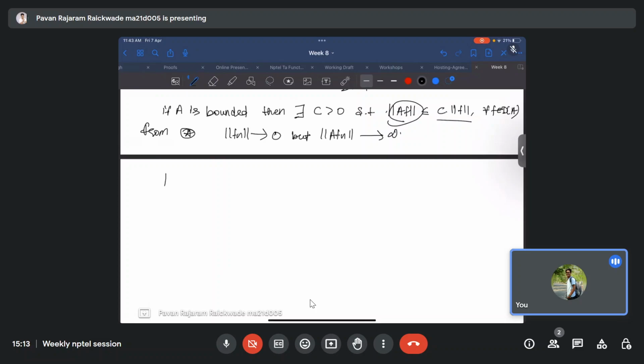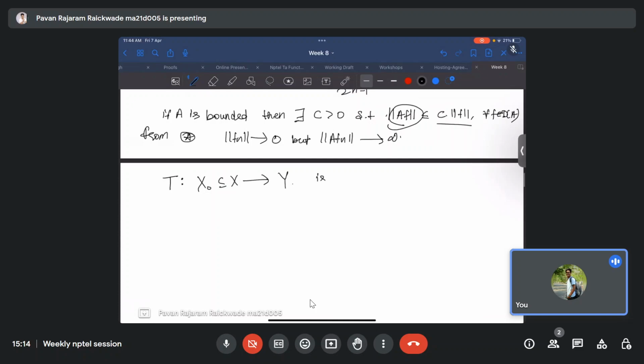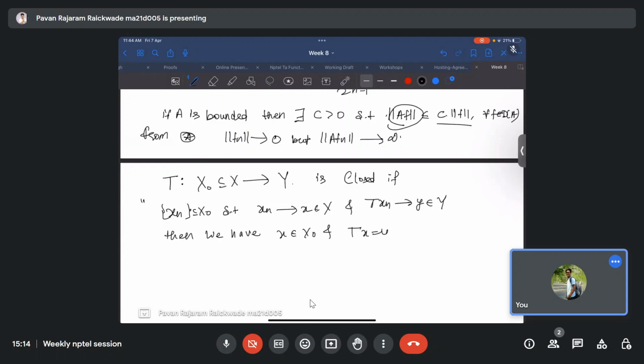Suppose T is an operator from X naught to Y, where X naught is a subspace of X. T is closed if, when you take any sequence xn in X naught such that xn converges to x and Txn converges to y, then we have x belongs to X naught and Tx is y. This should happen for a closed operator. This is the definition of a closed operator.